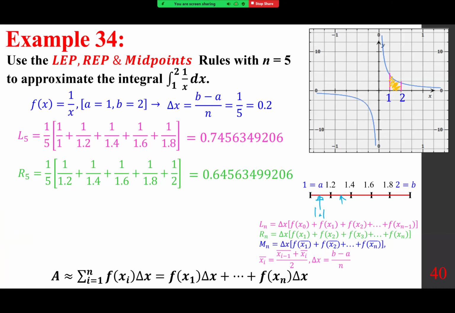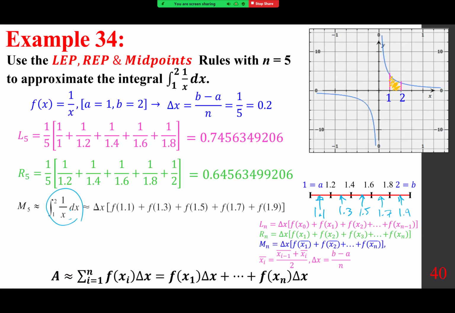Then just add the delta x, 1.3. Or take 1.4 and 1.6, add them up, divide by 2, and it becomes 1.5. Or just add delta x, so this is 1.7, then 1.9. And M sub 5 gives you the approximation for this.